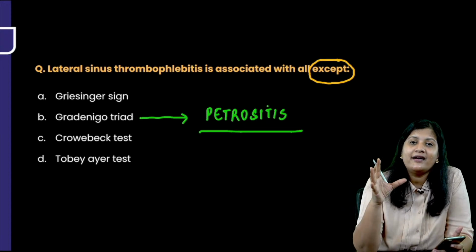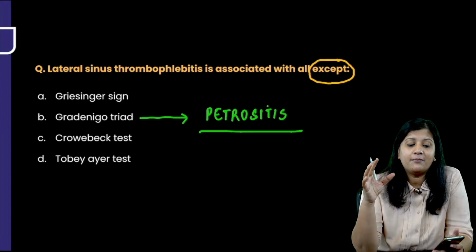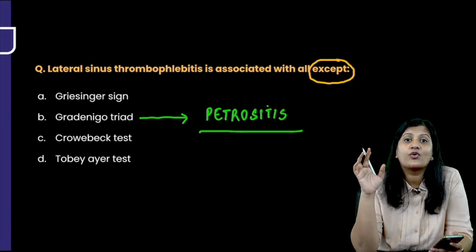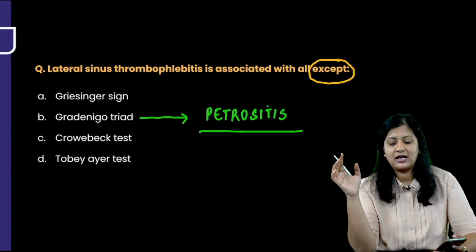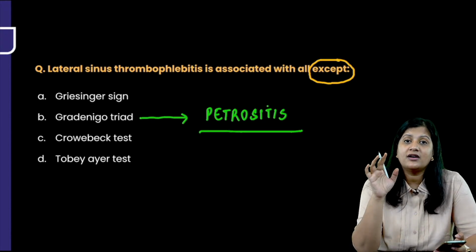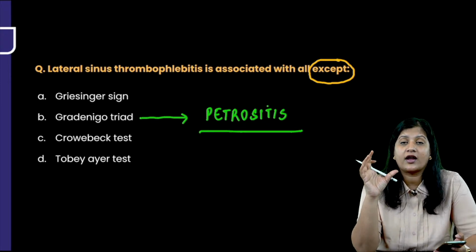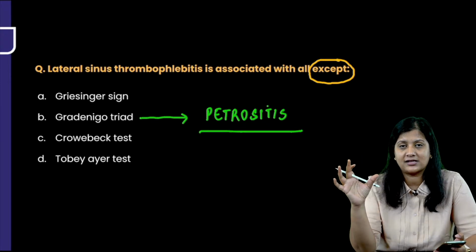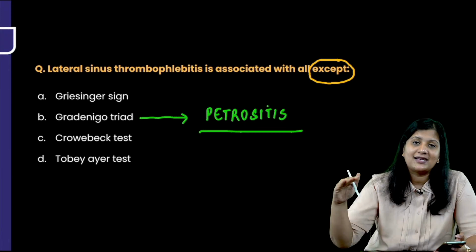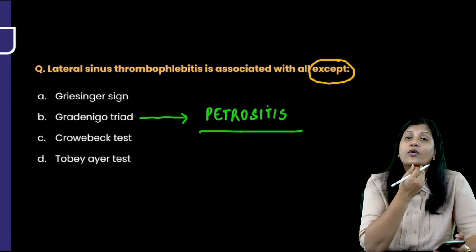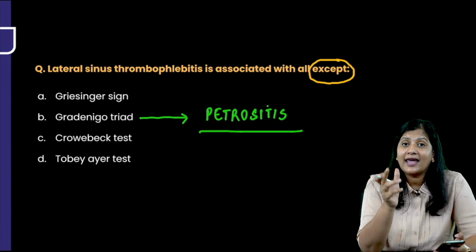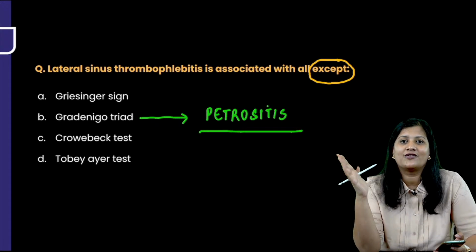Now the similar test with a similar principle but a non-invasive way is going to be your Krobek's test. What is Krobek's test? First you are going to do an ophthalmoscopic examination and you are going to record the size of the optic disc. Once you record the baseline size of the optic disc, you are going to compress the IJV again of the normal side, not of the diseased side.